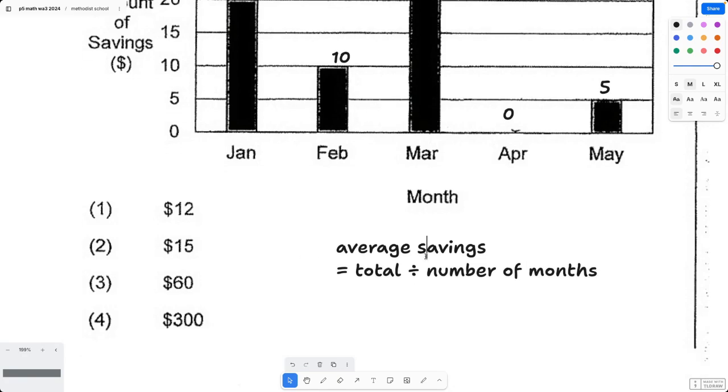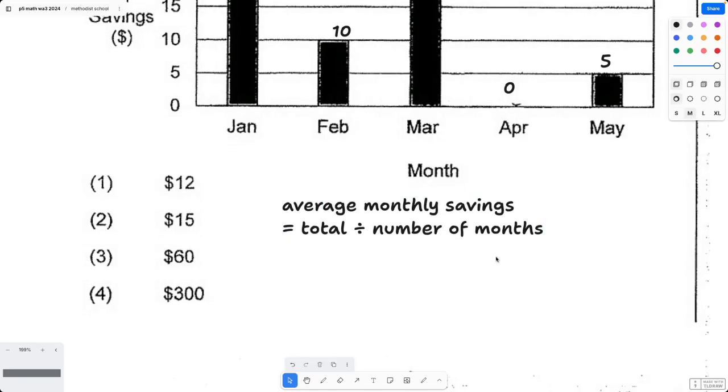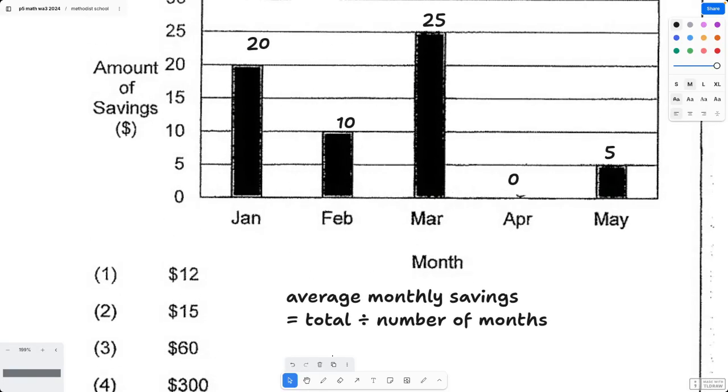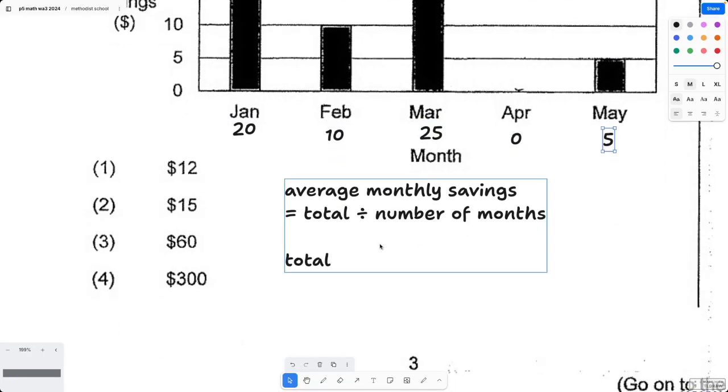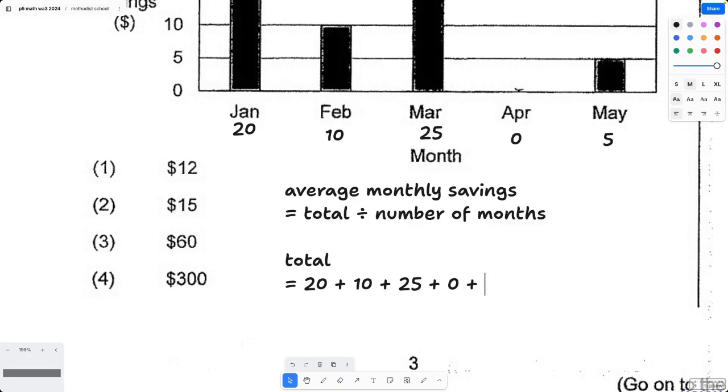In this case, we want to get the total, so we just add all of the numbers up: 20, 10, 25, 0, and 5. So the total will be 20 plus 10 plus 25 plus 0 plus 5. 20 plus 10 is 30, 25 plus 5 is 30, so this will be $60.